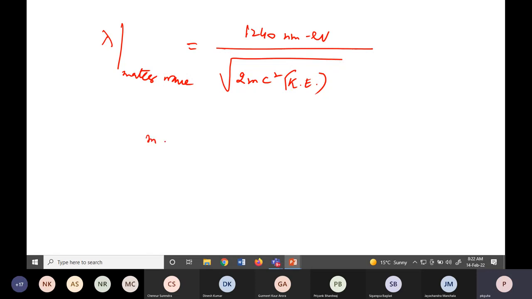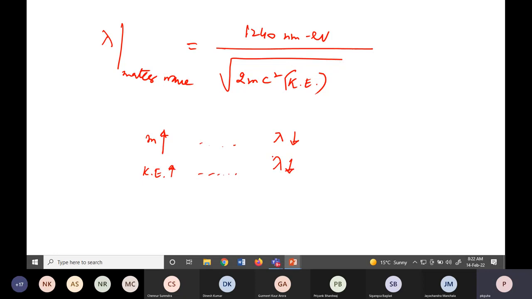So if the mass of the particle, or the mass of the matter we are looking at, is large, your lambda will be small, and also if the kinetic energy of the particle is large, your lambda will be small.